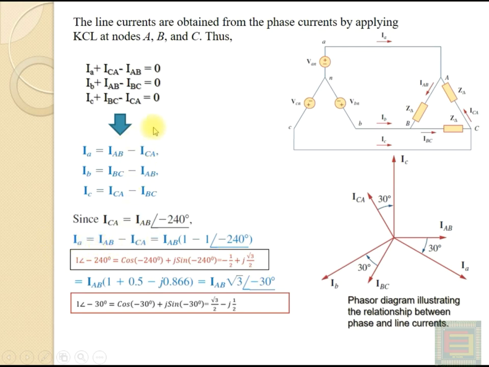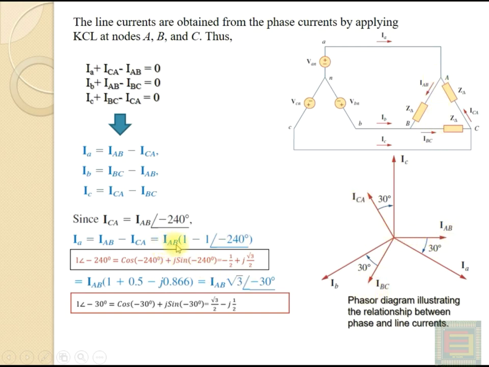If you consider IAB as a reference, like in this phasor diagram, IAB will be IAB angle 0, and ICA can be written as IAB angle minus 240 degrees, because we are considering IAB as a reference, and ICA is lagging with respect to IAB by an angle of 240 degrees. Because it is a balanced load, the magnitude of the phase currents will be the same.